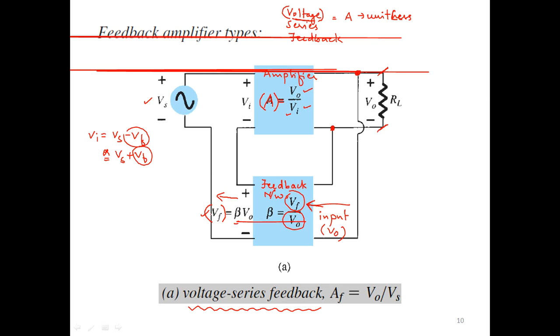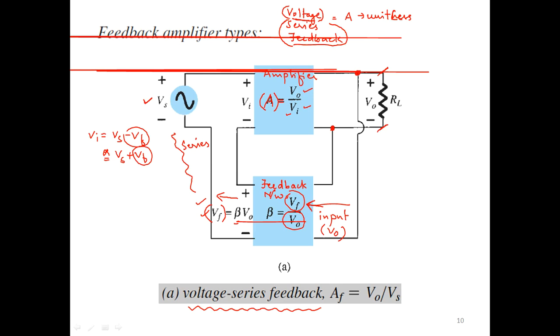Now this feedback voltage is in series with the original input signal Vs. I repeat, the feedback voltage is in series with the input signal. Due to that, we are using the term series feedback.